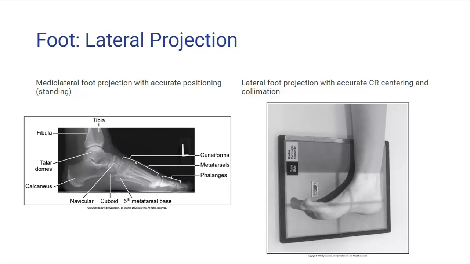Posterior half of the distal tibia superimposes the fibula. The distal tarsals are at the center of the exposure field. The phalanges, metatarsals, tarsals, talus, calcaneus, 1 inch of the distal lower leg, and foot soft tissue are all to be included within the exposure field.